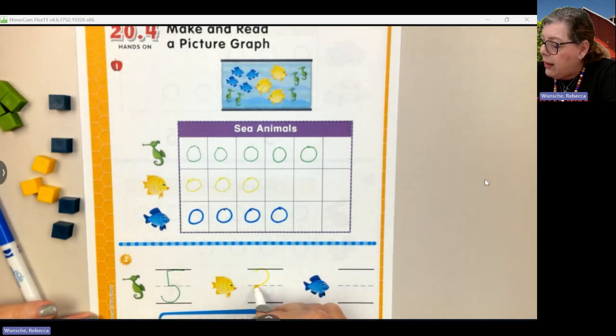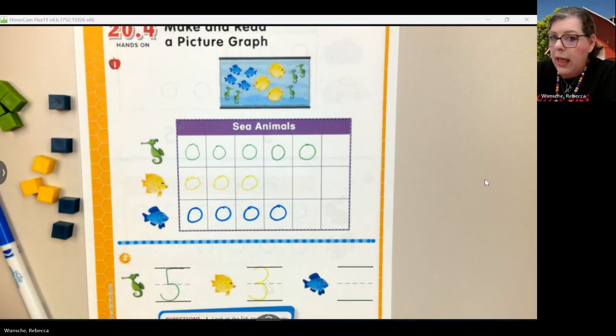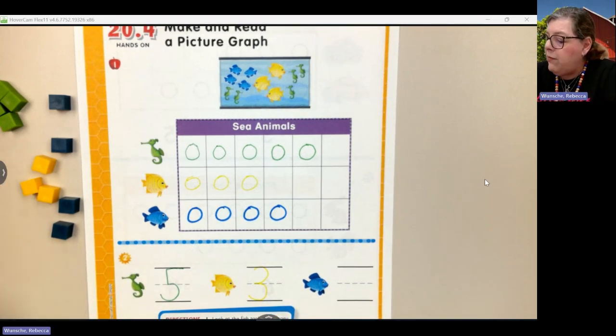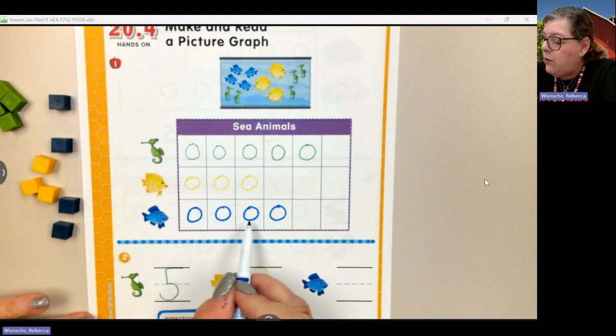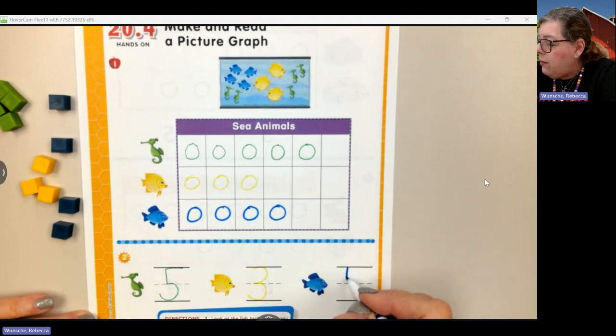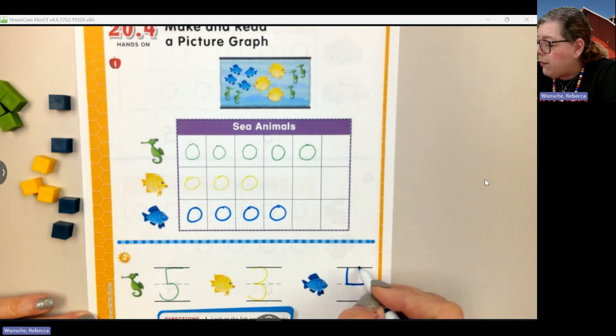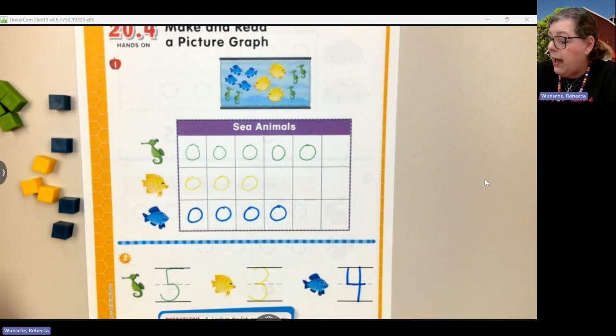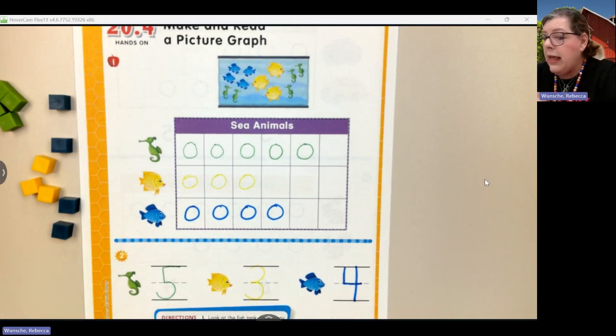I'm going to write that number in using your best handwriting. And then finally our blue fish, and we have 1, 2, 3, 4 of those. We're going to put our blue fish number right here so that we have the numeral right next to our fish.